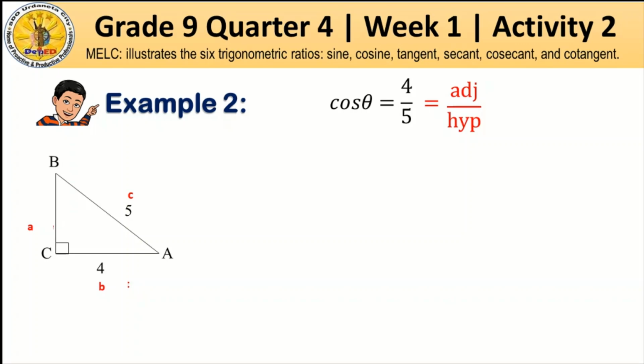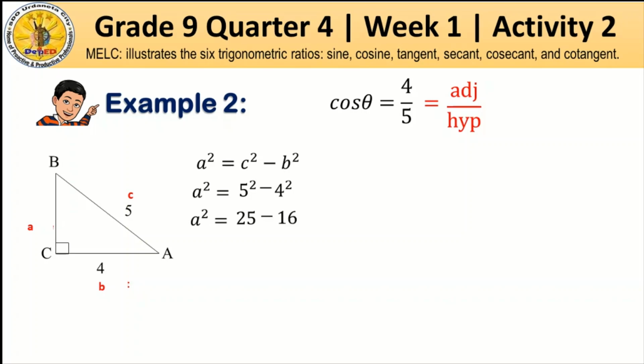Again, para makuha ang value ng a, we will use the Pythagorean theorem in the form a squared is equal to c squared minus b squared. By substitution, we have a squared is equal to 5 squared minus 4 squared. Simplifying, we will get a squared is equal to 25 minus 16.